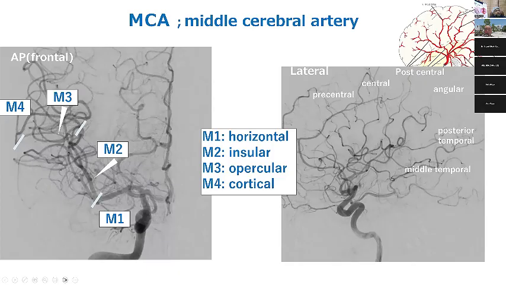So the MCA consists of four segments, M1, M2, M3, and M4. M1 refers to the horizontal segment of the MCA, and M2 is the post bifurcation or trifurcation insular segment here. M3 is the opercular segment, and M4 refers to the cortical branches. So this is the MCA anatomy.